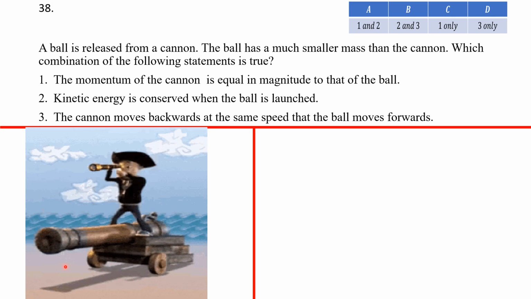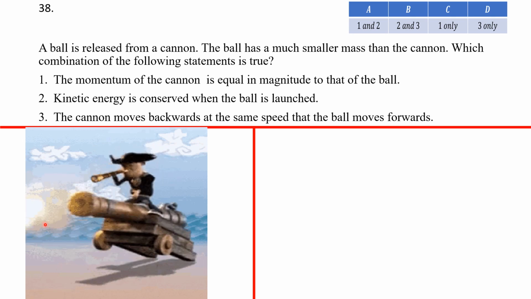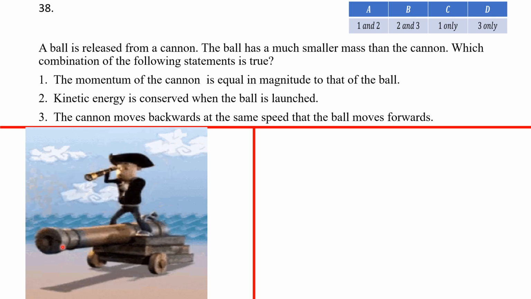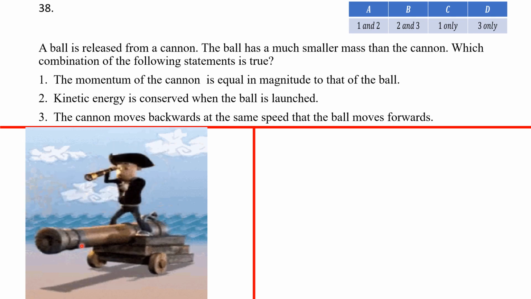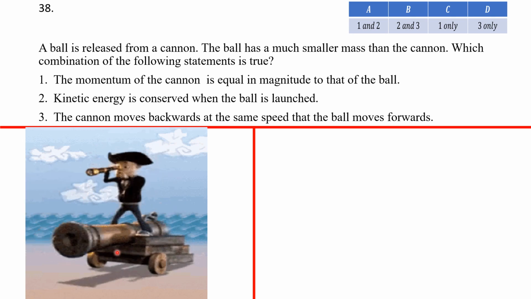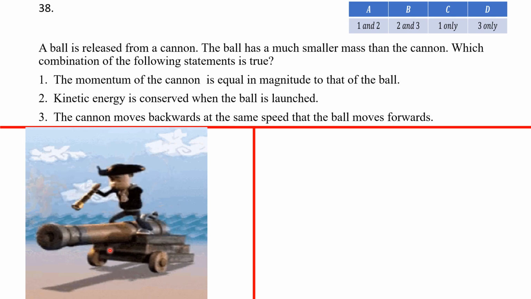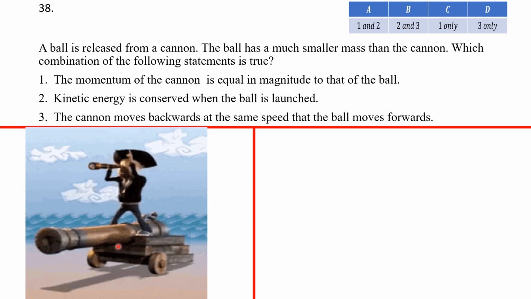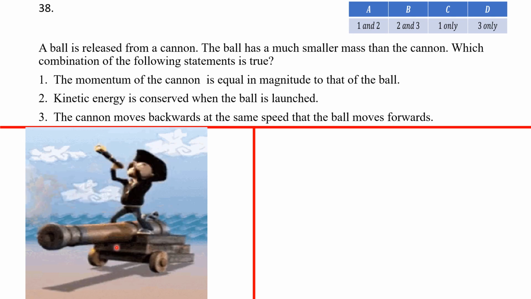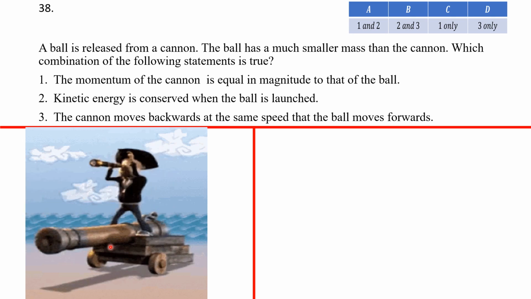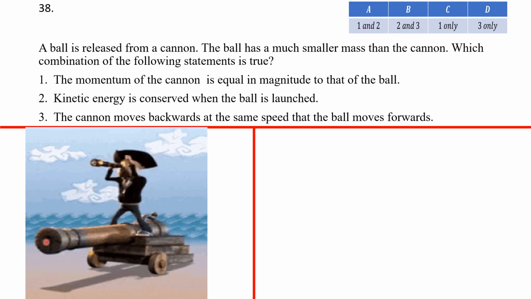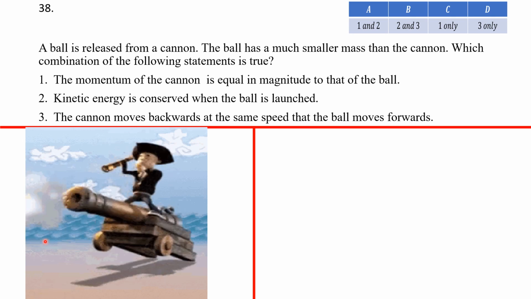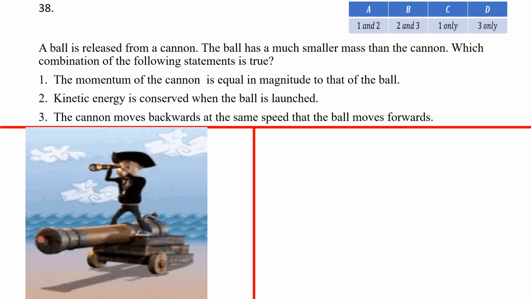Everything that's happening is to make sure that momentum is conserved. Now the cannon has a bigger mass, so it moves backward at a smaller velocity. When you multiply the bigger mass with the smaller velocity of the cannon, you get a certain momentum. The ball that the cannon fires goes off with a very high velocity, but the mass of the ball is so small.